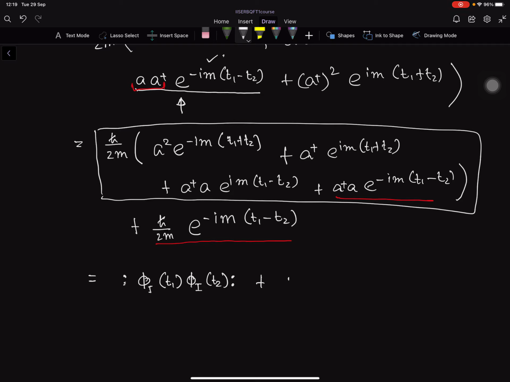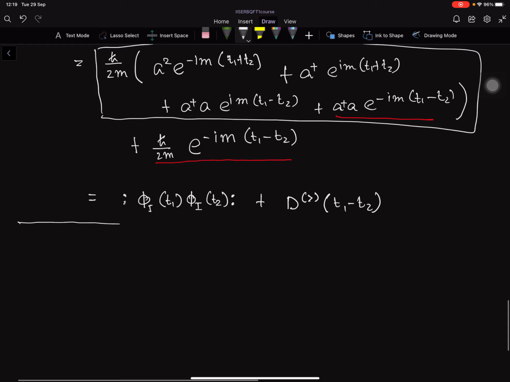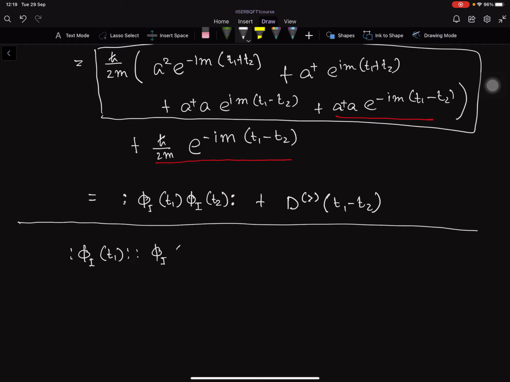So this thing is just simply D(t1 minus t2). So what we have done, we have shown that phi I t1 normal ordered times phi I t2 normal ordered is the same as phi I t1 phi I t2 normal ordered plus the Wightman propagator.